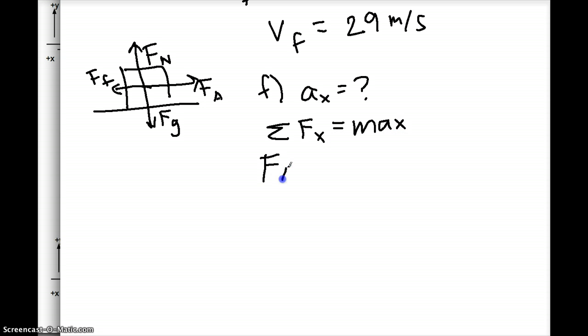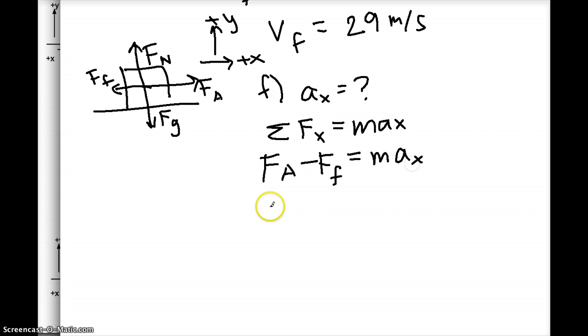So now we have applied force, which is in this positive x direction. I'm going to set my coordinate system so I remind myself and I stay consistent, minus this friction force. The applied force was 21 newtons, and the formula I use for the force of friction is mu times the normal force.